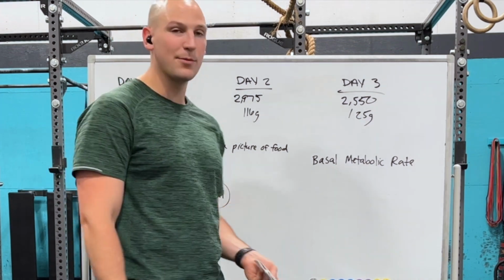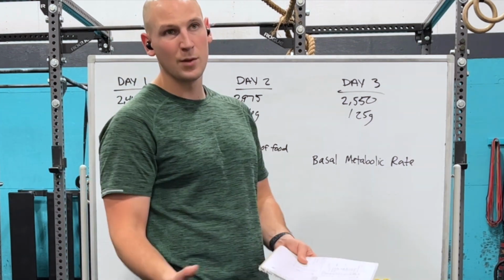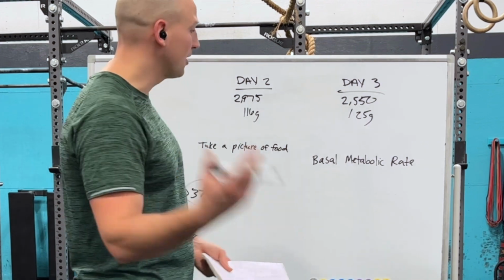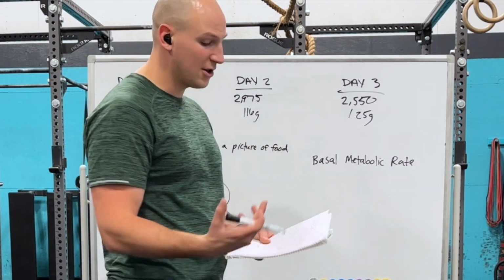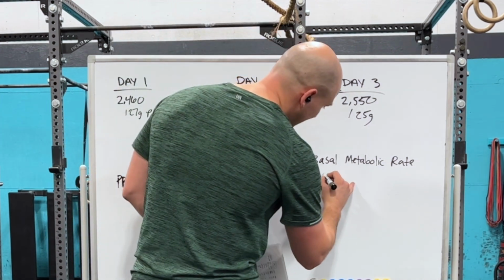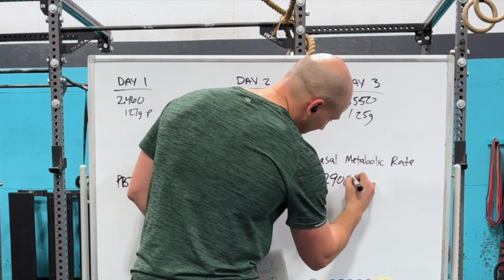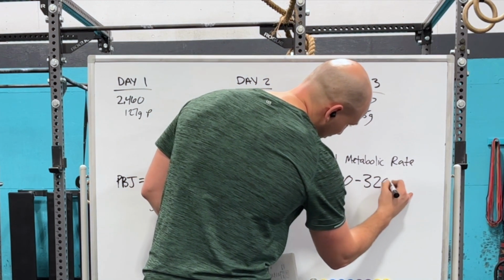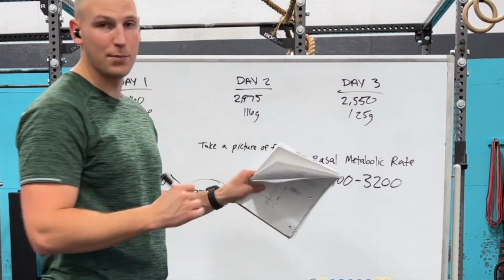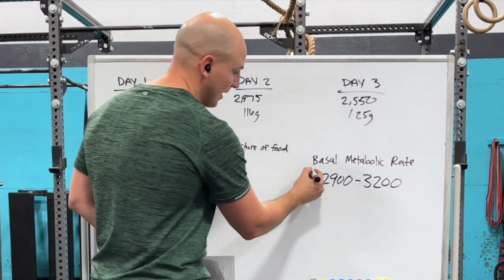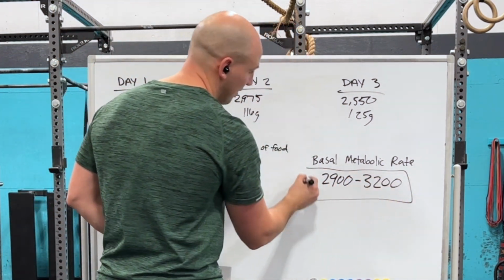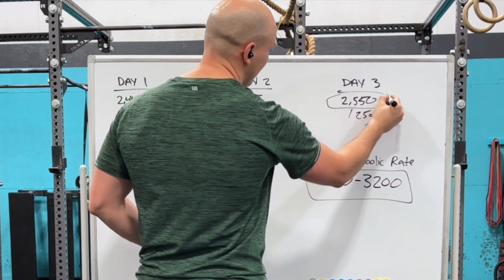So let's say the basal metabolic rate's only 1,500. But what about the activities they're doing? This kid played a lot of sports, so we're probably looking at 2,900 to 3,200 calories burned per day. So we've got calories burned, and we've got calories in.